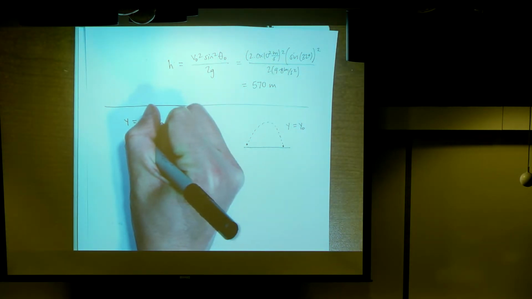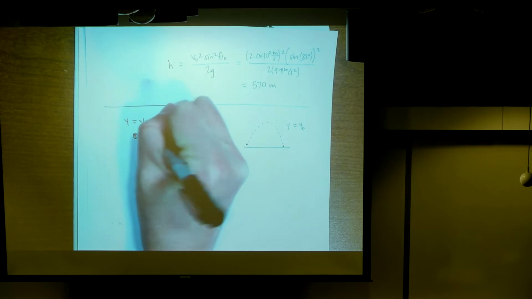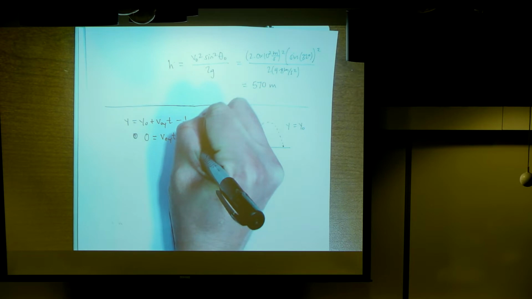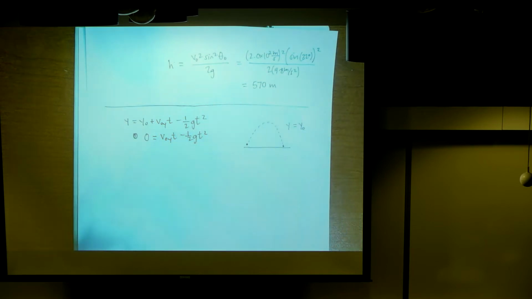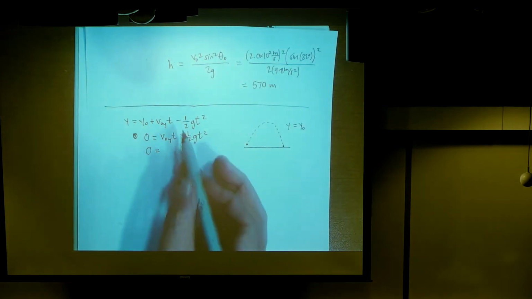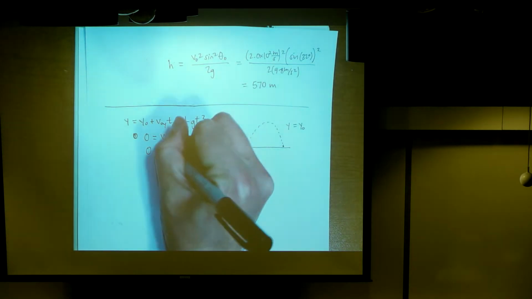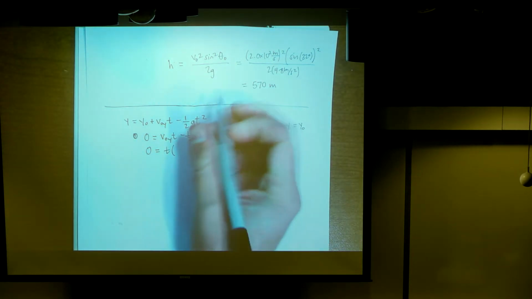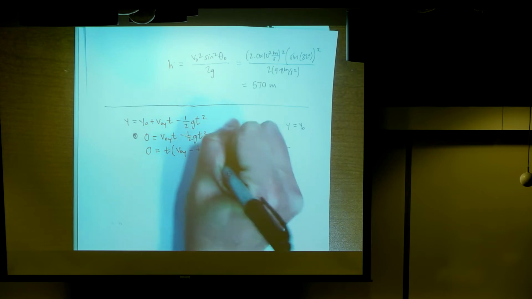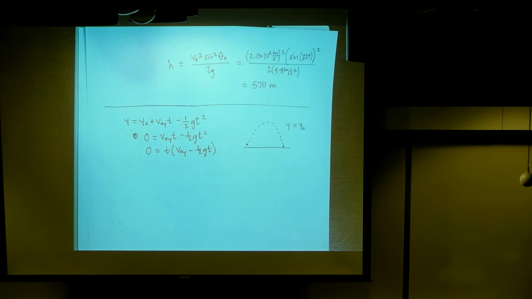So this can be simplified to say 0 equals v naught y t minus a half g t squared. Now let's take this and pull out a common factor of t from both of these terms. So this would be t times v naught y minus a half g t. See how we can factor out the t this way? And that all equals 0, of course.